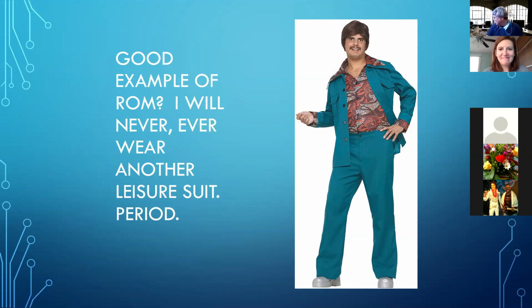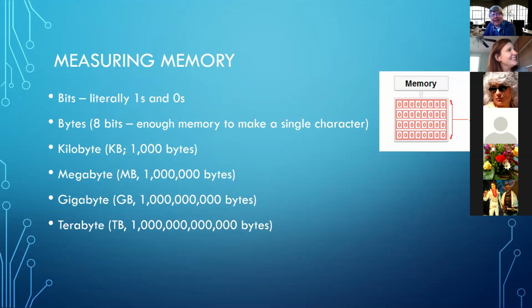Well, now whenever I see a leisure suit, I'm going to think of you, Ray, or think of ROM, or if ROM comes up, I'm going to think of this picture. There you go. I might have to Photoshop John on this, just because I haven't done a leisure suit one of John yet. So. It will help us all remember, won't it? That's right. I don't know why that's important, but okay.